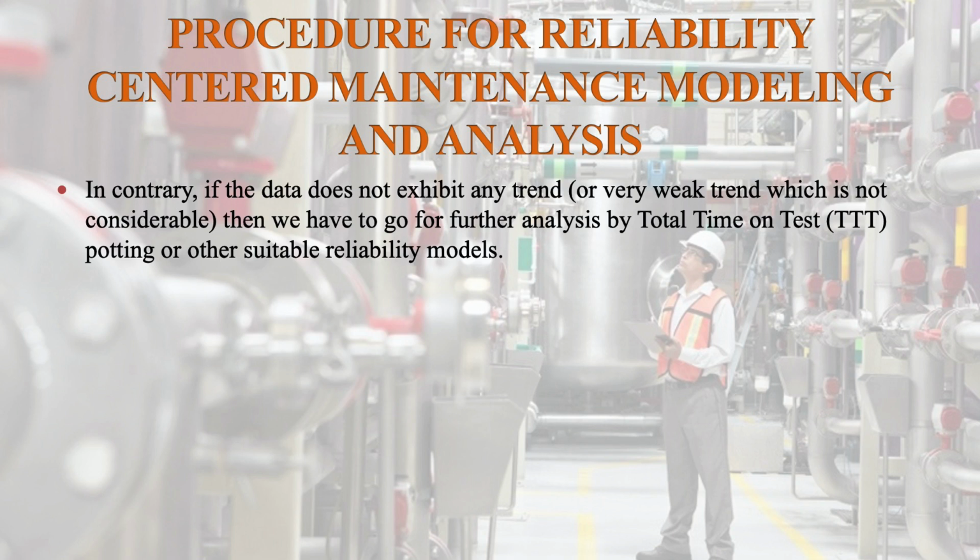In contrast, if the data does not exhibit any trend or a very weak trend which is not considerable, then we have to go for further analysis by total time on test plotting or other suitable reliability models.